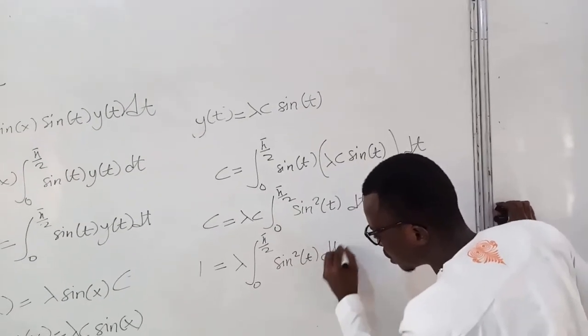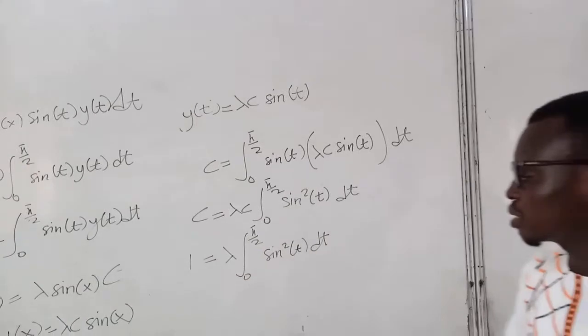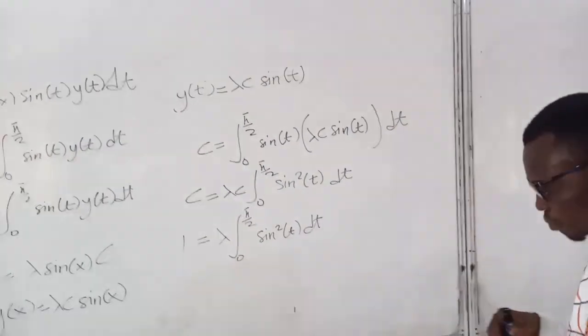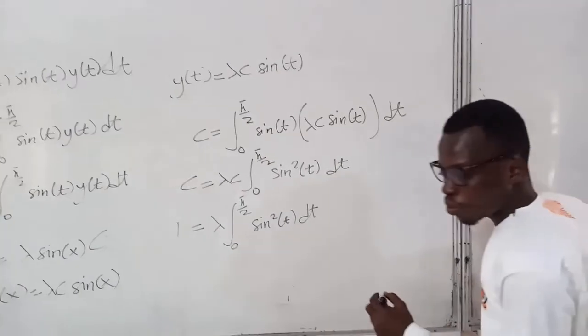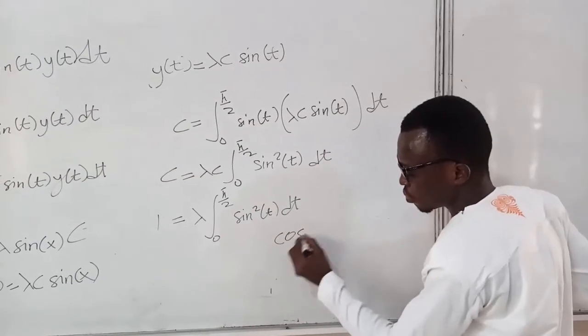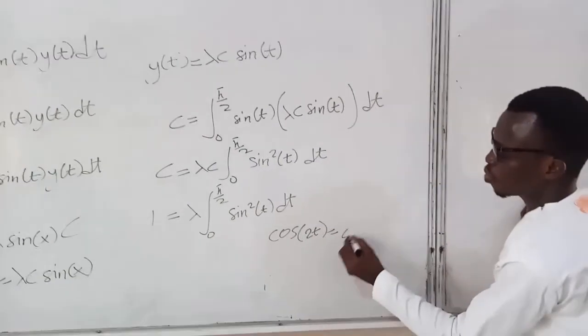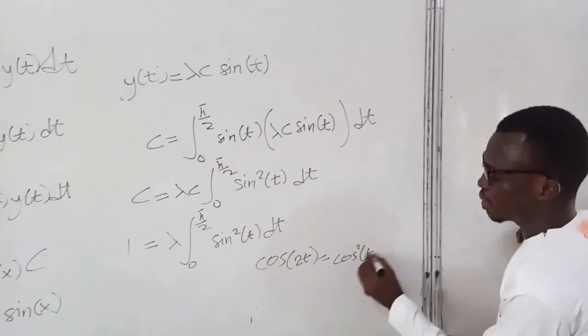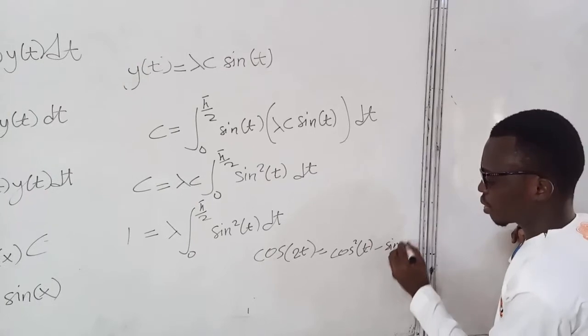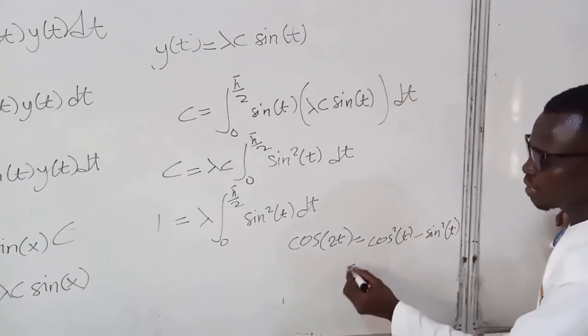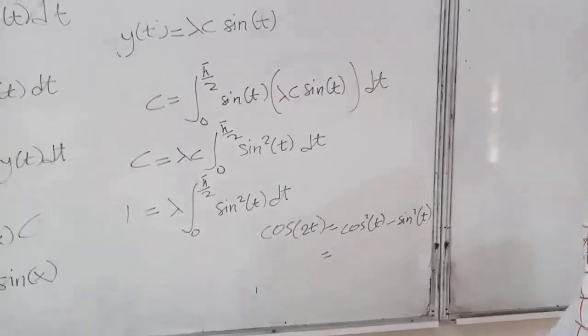I'm going to have 1 equal to lambda times the integral from 0 to pi on 2 of sine squared t dt. Now to evaluate this integral, which is sine squared, we know that cos 2t will be the same as cos squared t minus sine squared t, and cos squared t is the same as 1 minus sine squared t.